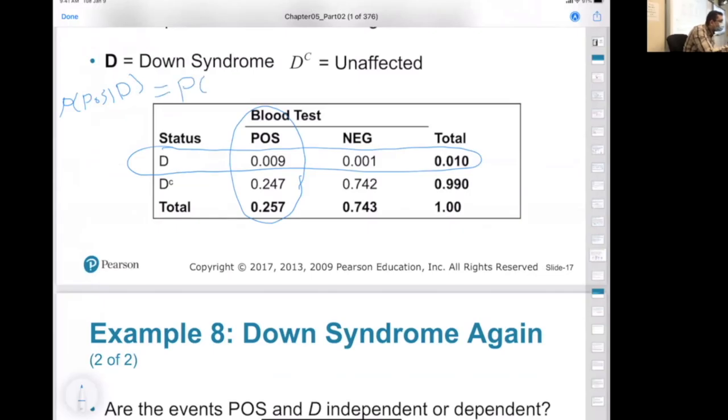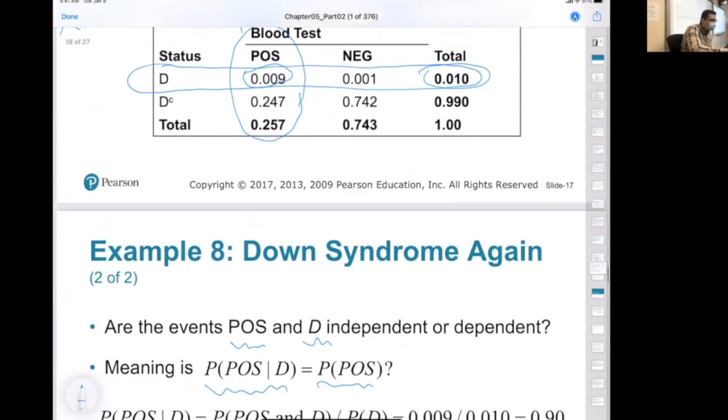The probability of positive and D divided by the probability of D, right? So the probability of positive and D, this one, is 0.009. The probability of D is here, 0.01. Okay? So of course this will give us the probability of positive within D, which is 0.9.